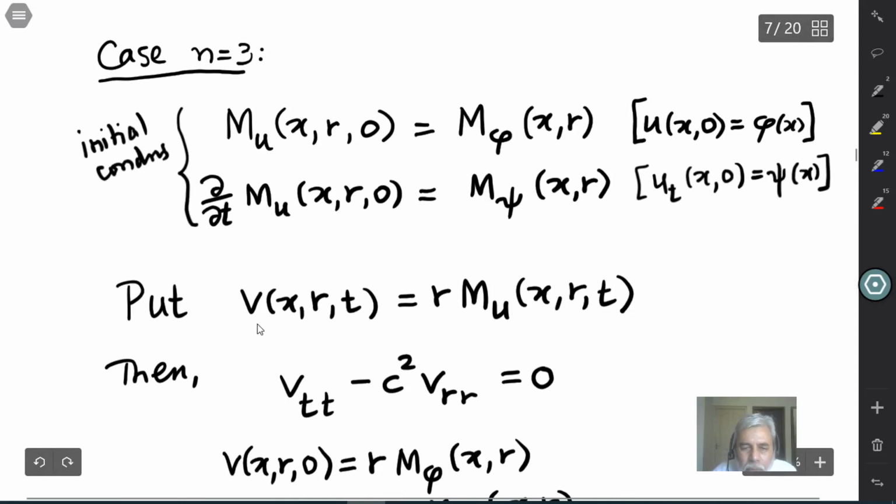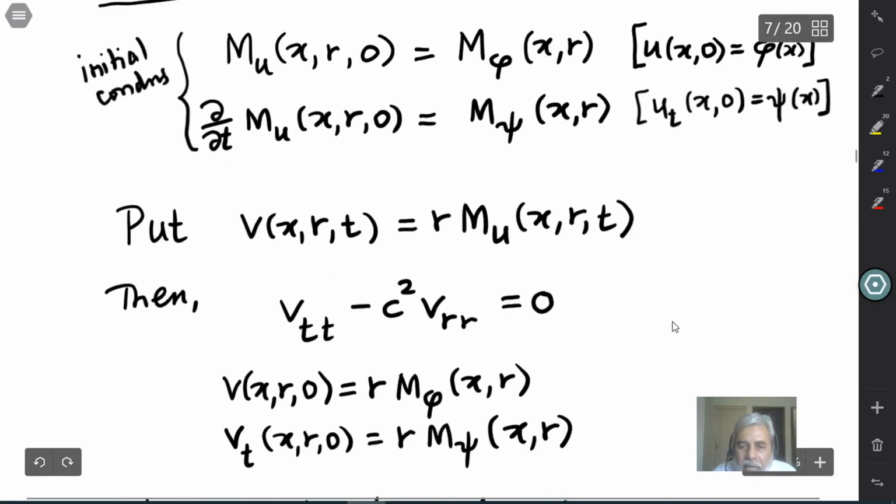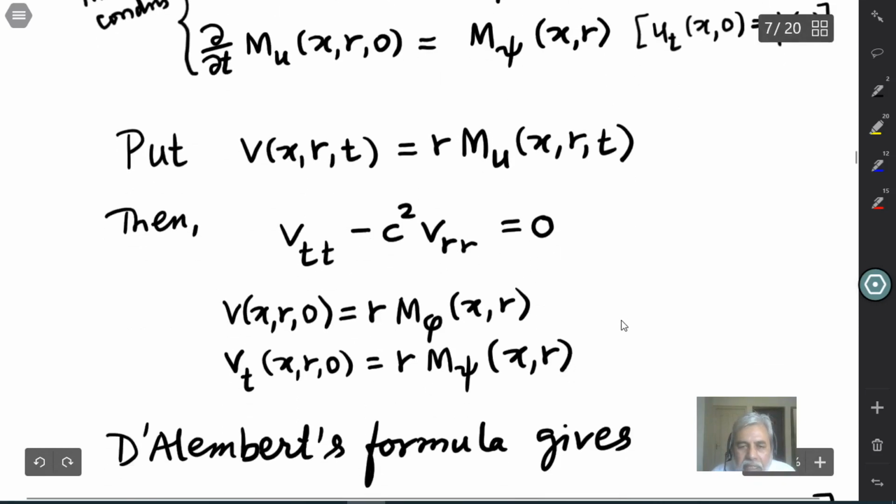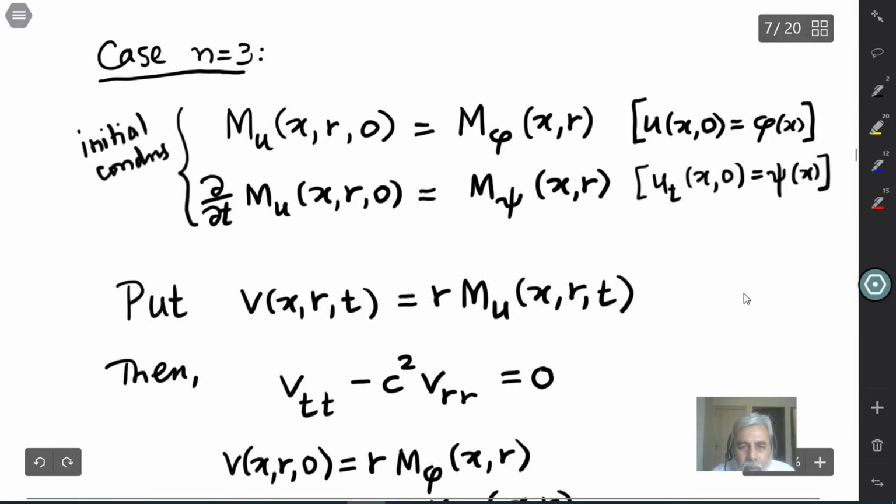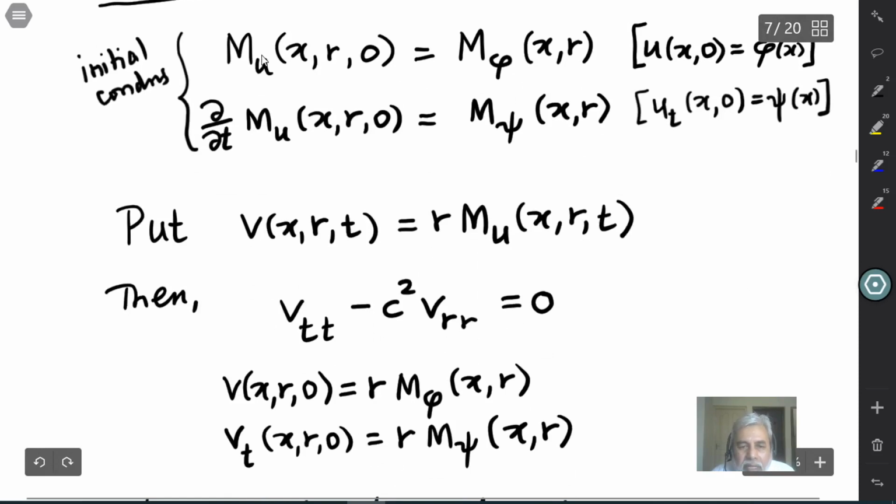So again, you put v of x, r, t equal to r into mu of x, r, t, and as we observed earlier, this v satisfies the wave equation in one dimension. And what are the initial conditions for v? They are almost the same as this spherical mean function mu, except for this factor r.